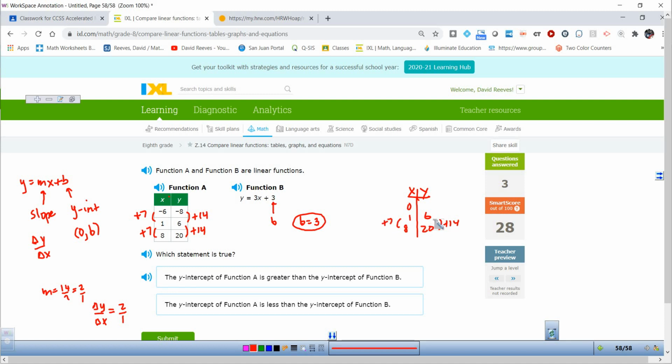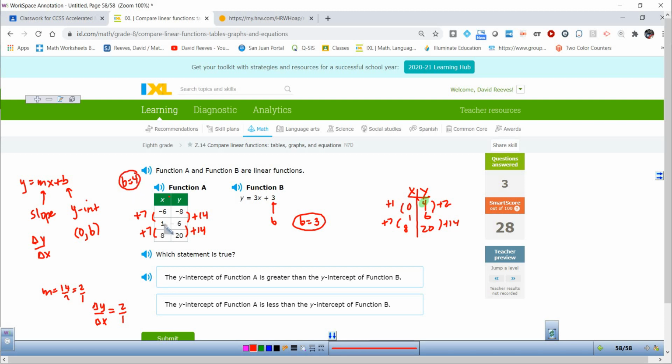Our change in y over our change in x was 14 over 7, but that's 2 over 1. So if this went over 1, this one should be up 2. Does that make sense? So what should this value be right here? This value should be 4. 4 plus 2 is 6. 0 plus 1, that would give us what we need. And that will give us our y-intercept. So our y-intercept here is 4.